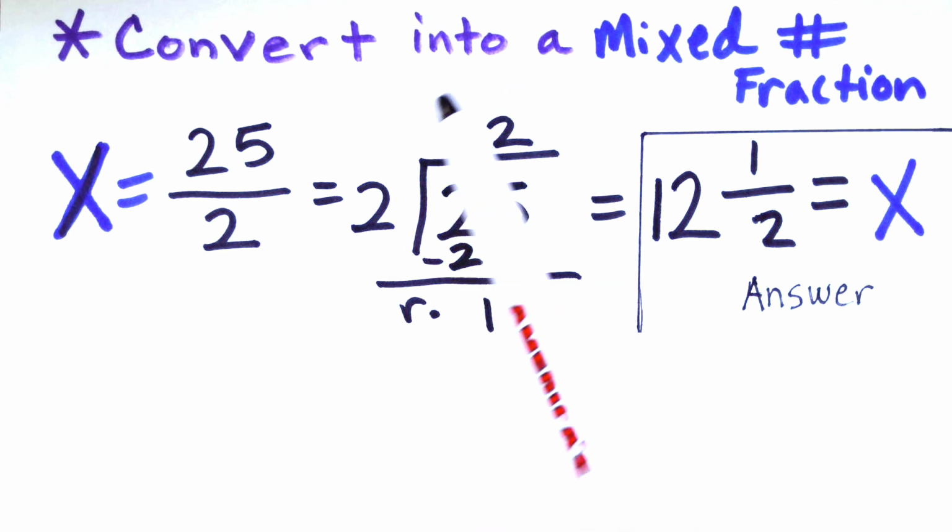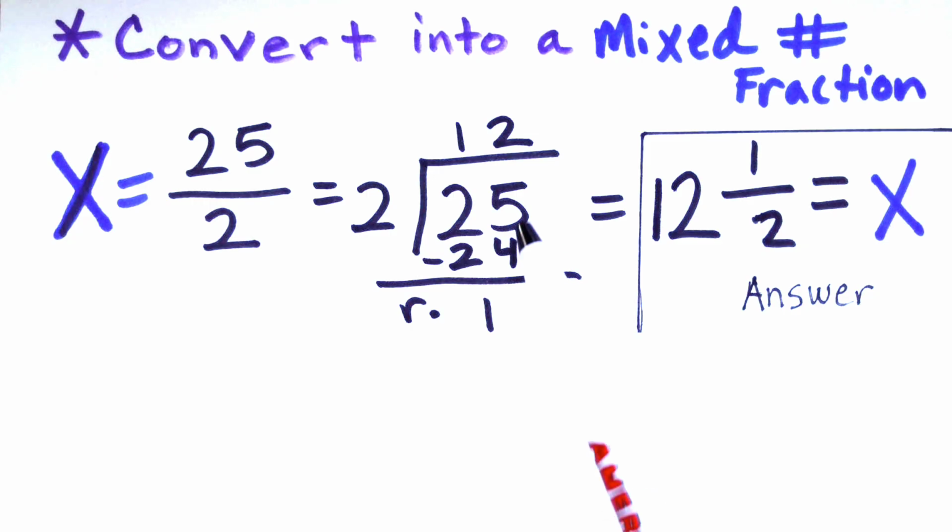Or 2 times 12, subtract 24, because 2 times 12 is 24, and you get a remainder of 1. Either way, you can do that long division. Now remember, the number above the divisor bar is our whole number. The remainder is now the numerator of your fraction, and the denominator of 2 stays the same. So, as an improper fraction, x equals 25 over 2. As a mixed number, x equals 12 and 1/2.